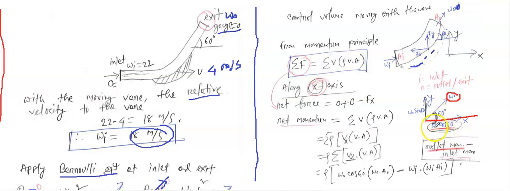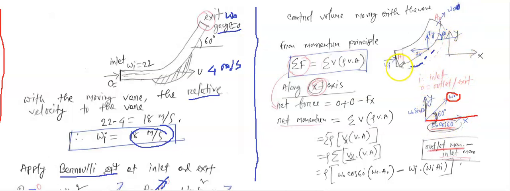This is W naught times the angle. For the horizontal axis this is cos, for the vertical axis this is sine. So it should be W naught cos 60 along x, and W naught sine 60 along y. So the velocity component for the outlet, due to this angle changing the direction, has two components along x and y.